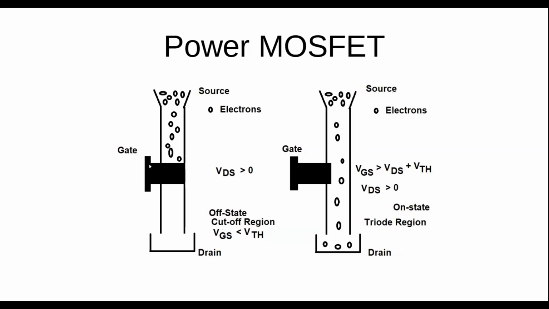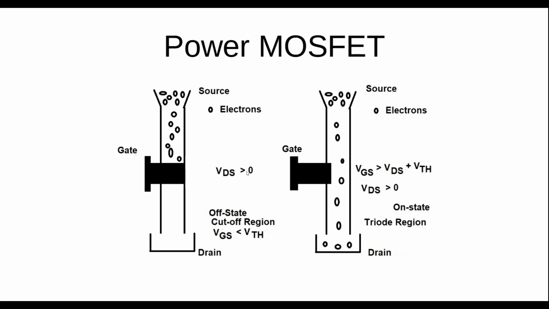So we have this control. We are controlling electrons that are coming from the source and want to go down into the drain. So we've got this sort of tap device, which we are calling a gate. And then I've got this drain to source.